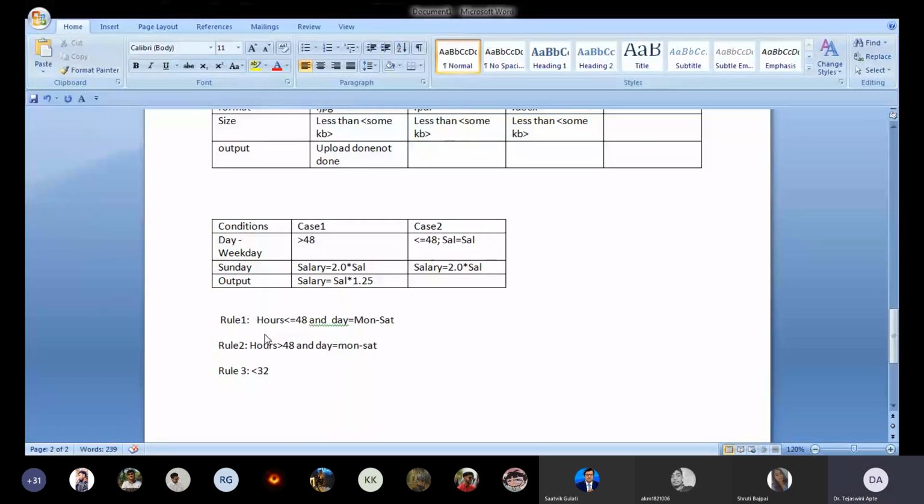Because 8 hours are the working hours, and in a month we are going to have only 4 Sundays. Let's hope I have only 4 Sundays, not a fifth one. The total number of hours is going to be 32, and day equals holiday or Sunday.